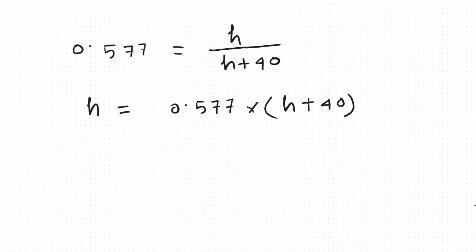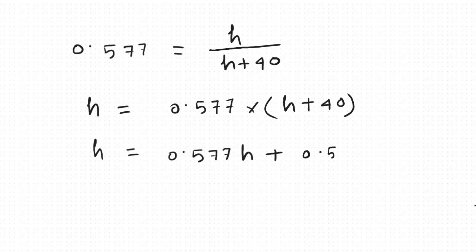Next we can write H equals 0.577 H plus 0.577 times 40.